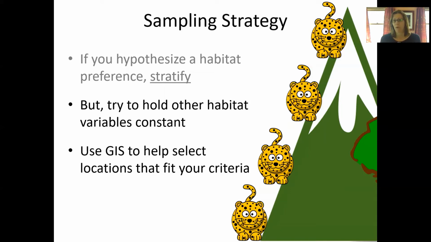So for example, if I want to measure as purely as I can the cat's preference for these different elevation ranges, then I would also want to try to put my samples at a constant distance away from human domination, for example, a constant distance away from roads, because maybe the cats like or don't like roads and would be influenced by that as well.